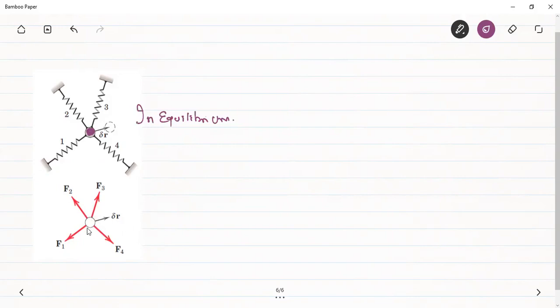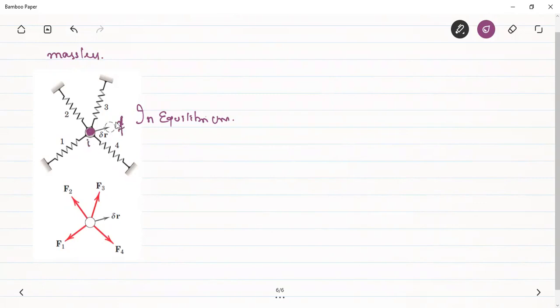See the free body diagram, assuming the ball to be massless, so the weight force is not considered. F1, F2, F3, F4 are all the spring forces, and under the action of all these forces, the body is in equilibrium. Still, we assume that there is some imaginary displacement of the body. Let me say this is the initial position and this is the final position of the ball.